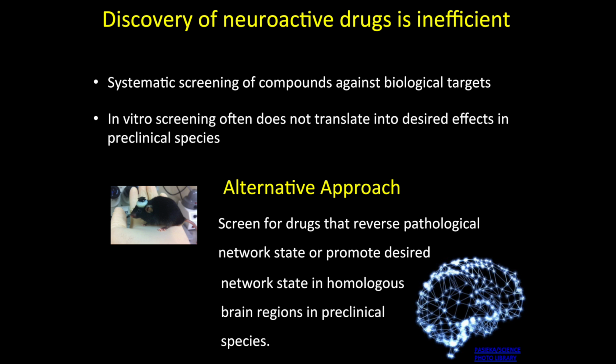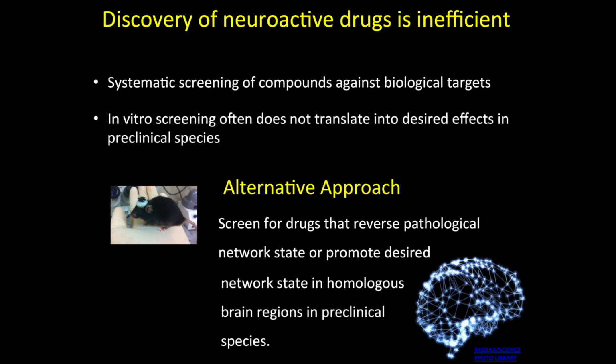In fact, current drug discovery relies heavily on the systematic screening of compounds against isolated biological targets, isolated receptors, isolated molecules. The problem with this approach is that such in vitro screening often does not translate into desired effects in preclinical species. Furthermore, in the case of psychiatric or mood disorders, it is often not clear at all what the desired effects are, for example, in the case of depression.